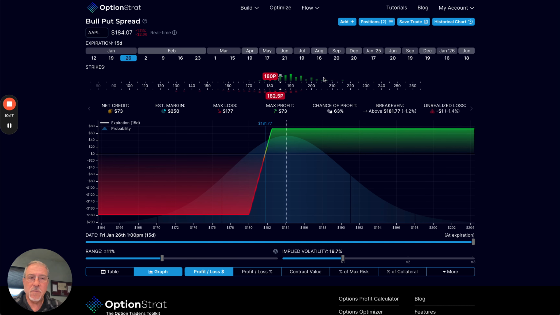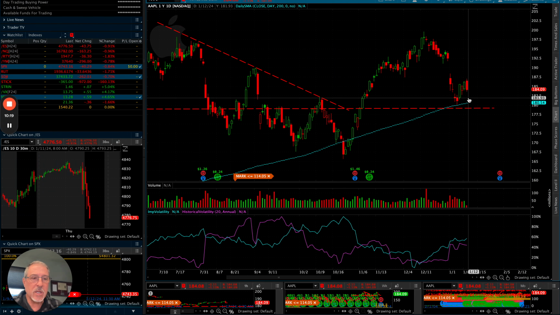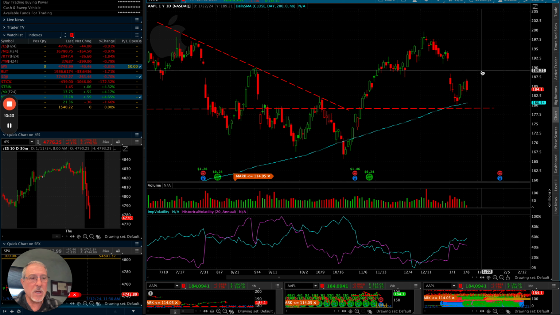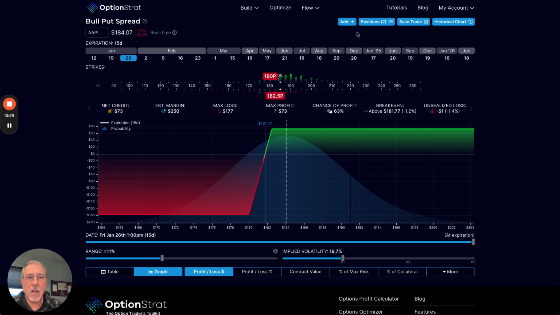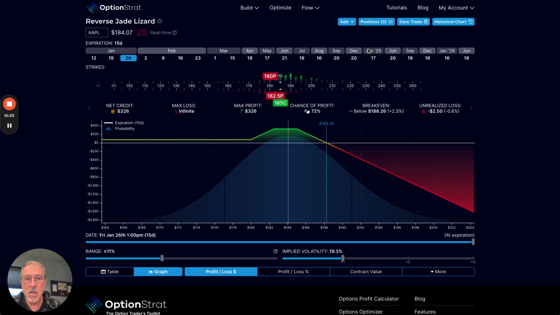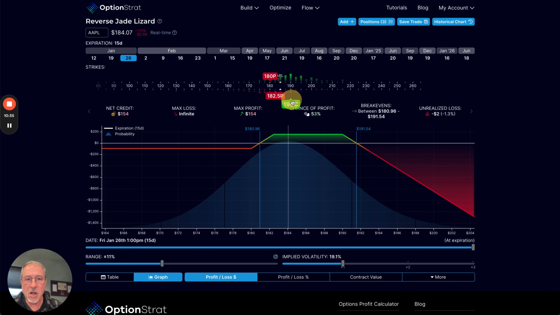So what if my scenario is that, okay, if Apple does rebound, I probably don't expect it to break above 190 again. What if I also hold that belief? Well, I can come in here and sell a call at some point here.